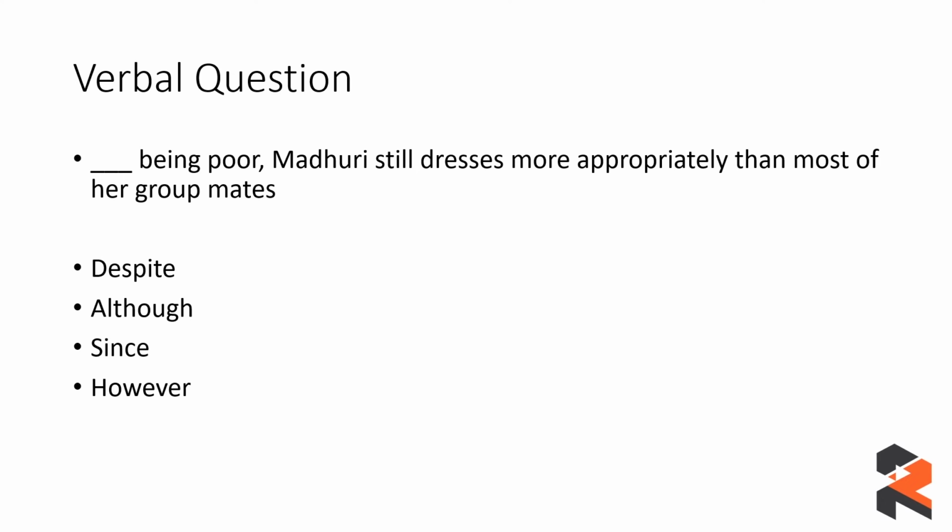So, those three cannot be the answer. So the last option which we remain with is despite. So your answer will be despite in this case. So this was a very easy question, and these are the type of questions which are being asked. So you know the correct answer here is despite.